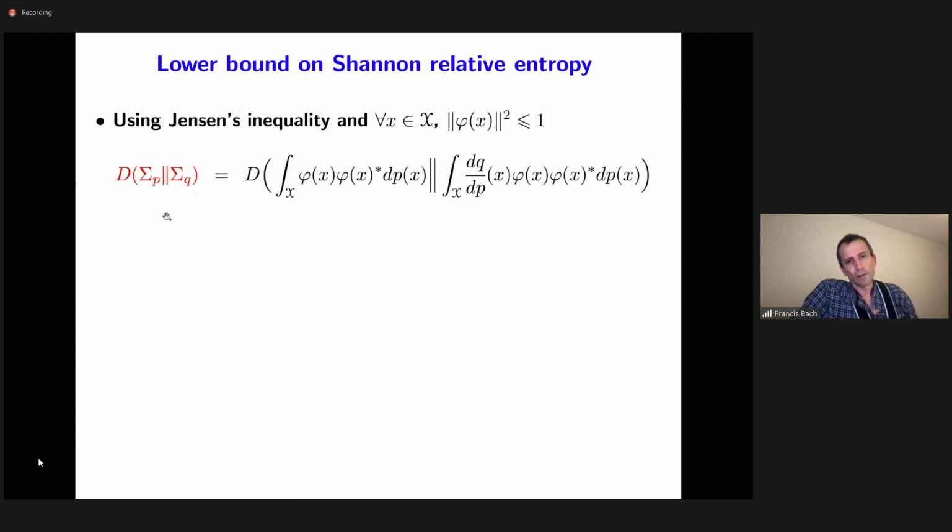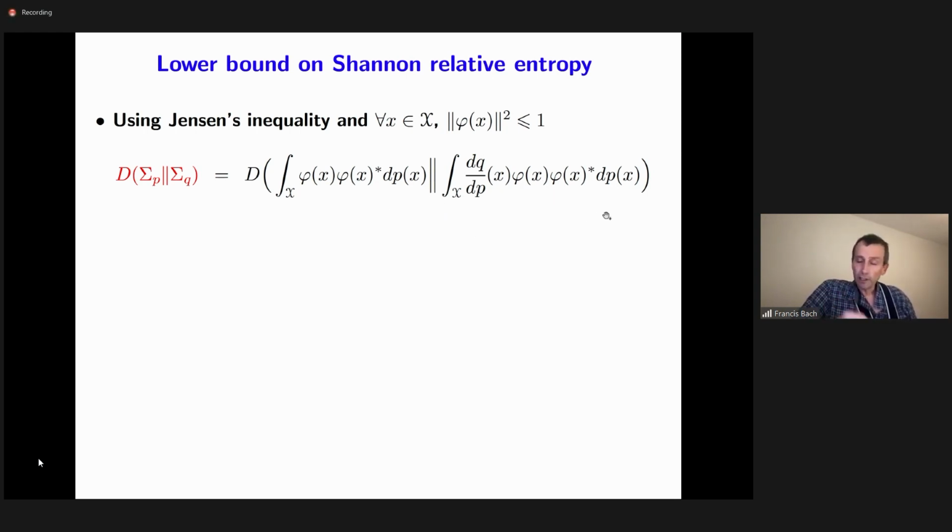So this is the definition of d of sigma p, sigma q. This is sigma p. This is sigma q, written as an expectation over p times the Radon-Nikodym derivative of q with respect to p. Now I have a convex function taken at an expectation here, an expectation there, over the same distribution p.